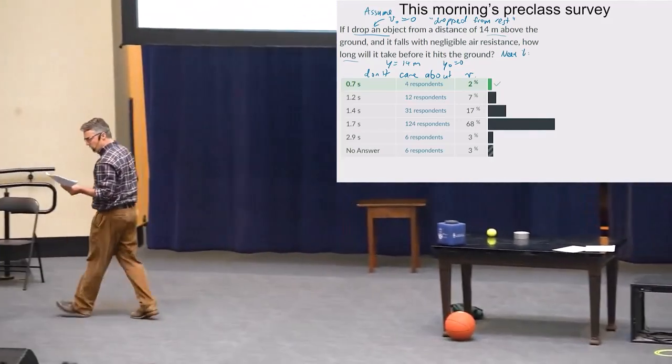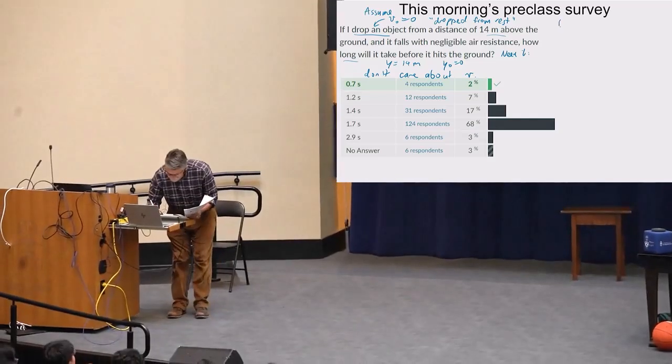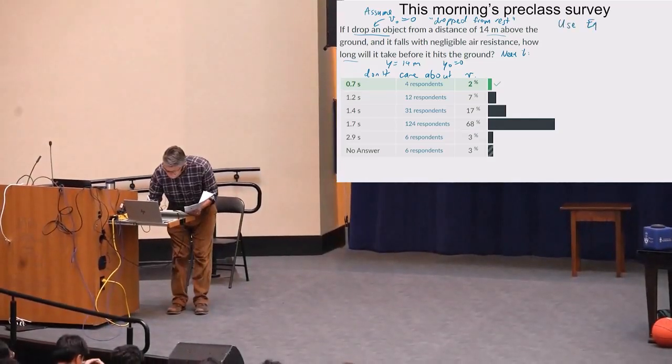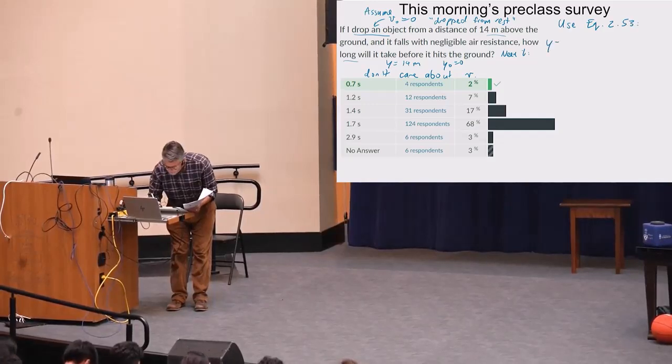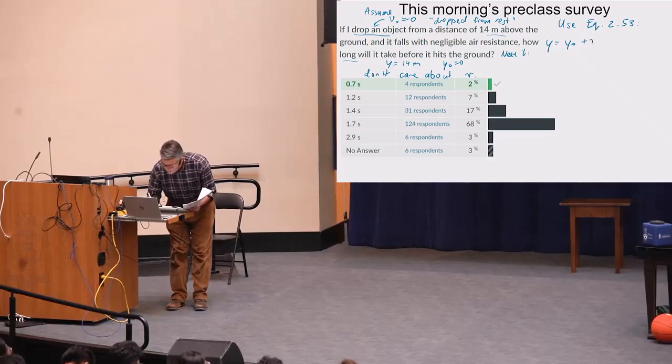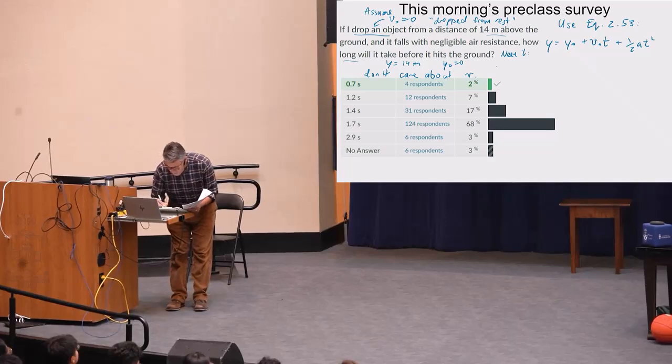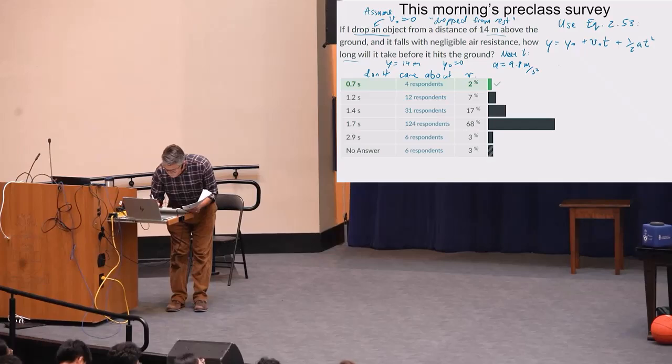So you could calculate that, but in this case, we don't care. So we're going to use equation 22.53, the one that doesn't have final velocity, which is y is equal to y0, instead of x's, I'm going to put y's just for fun, plus v0 t plus 1/2 a t squared. We're going to say that a is equal to 9.8 meters per second squared.